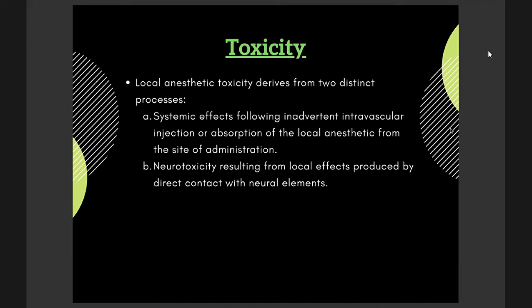And the second, of course, is due to the rapid absorption of your local anesthetic. Remember, when you give a drug intravenously or intravascularly, you expect to have a rapid absorption. Rapid absorption of your local anesthetic would result in an elevated plasma level.